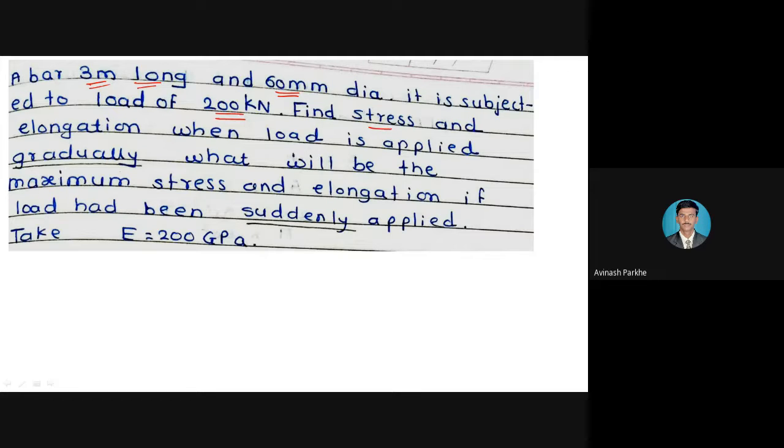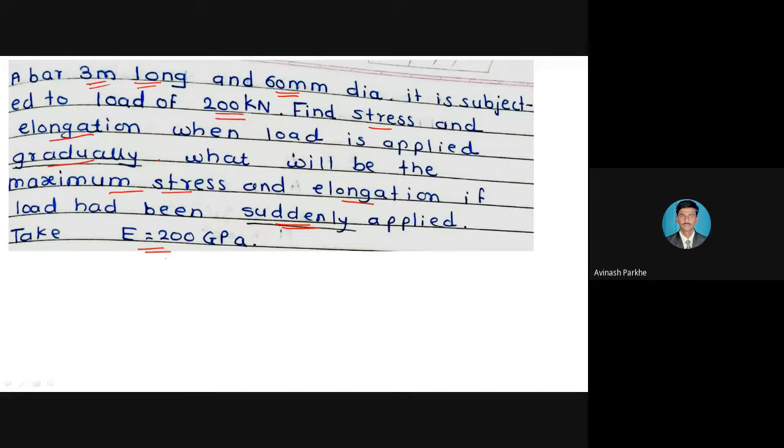Find stress and elongation when the load is applied gradually. What will be the maximum stress and elongation if the load had been suddenly applied? Take capital E is equal to 200 gigapascal.